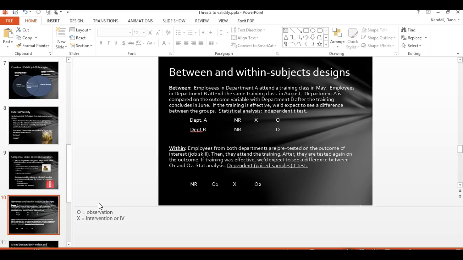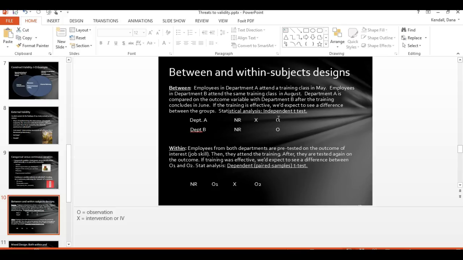I briefly wanted to introduce to you the difference between between- and within-subject designs. And again, some of this may be completely review for you. If so, just skim on by. I want to talk with you about an independent t-test and what that looks like. So first, a note on notation. This is SCC notation, Shadish, Cook, and Campbell, the book that you'll have for program eval.